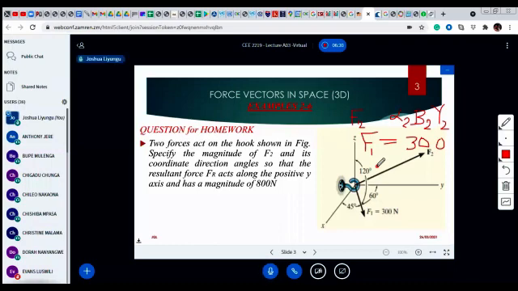Then also, we have been given the resultant magnitude, which is 800. Already I know about the 800.